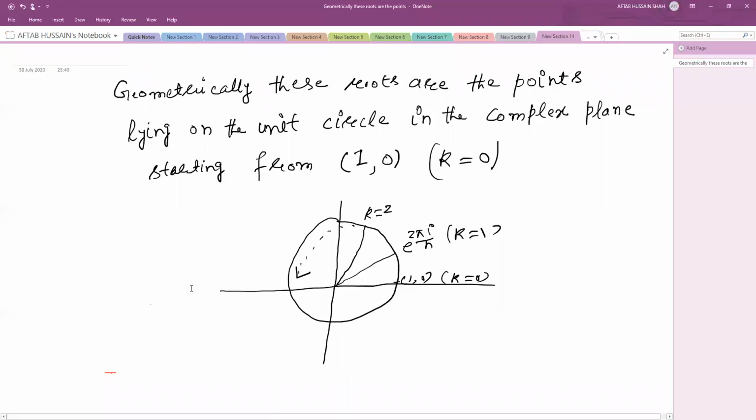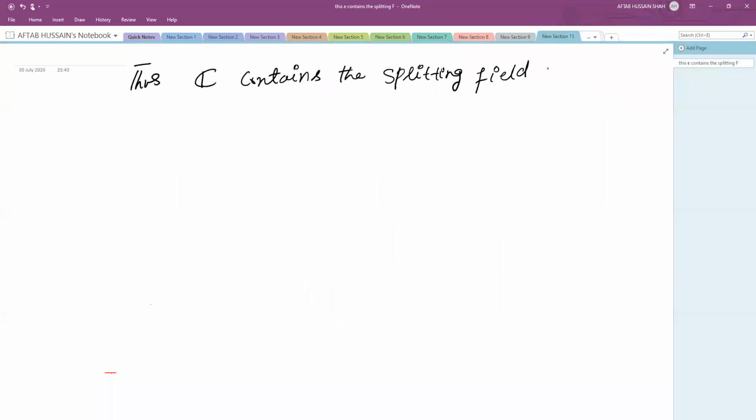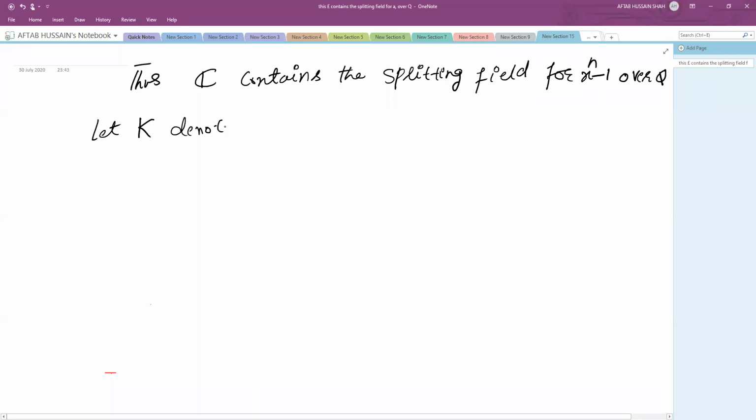Thus C contains the splitting field for this polynomial x raised to power n minus 1 over Q. Let me denote this by K. So let K denote the splitting field.